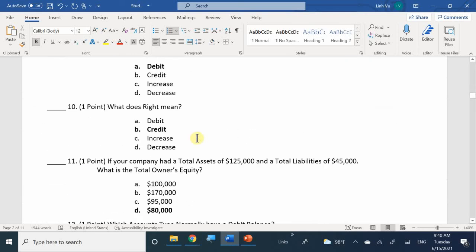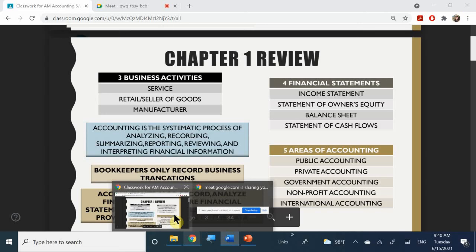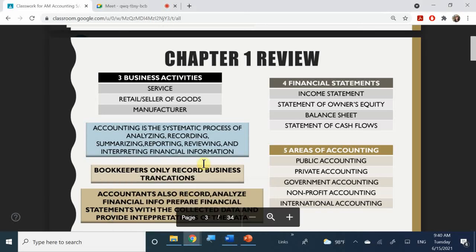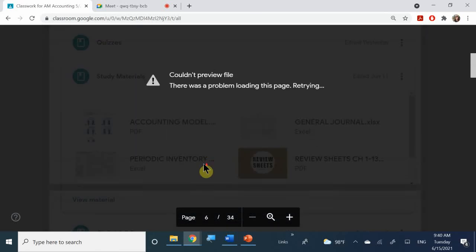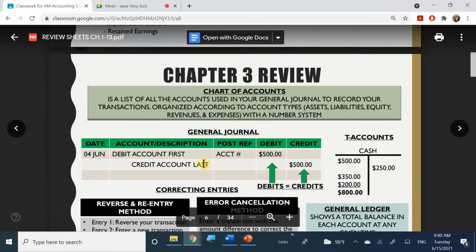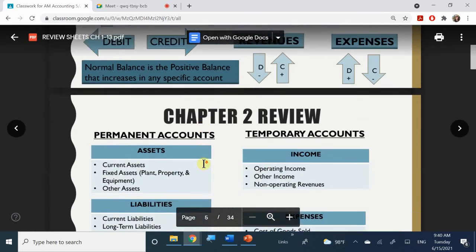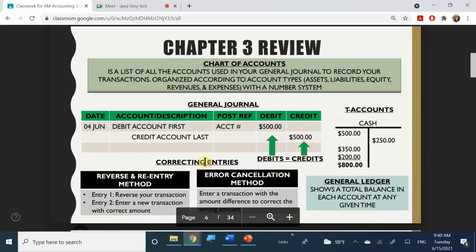So that is chapter 2. I'm going to briefly go over chapter 3 because the only thing I really want you to get from chapter 3 is understanding how to journalize, because that is what chapter 3 is.